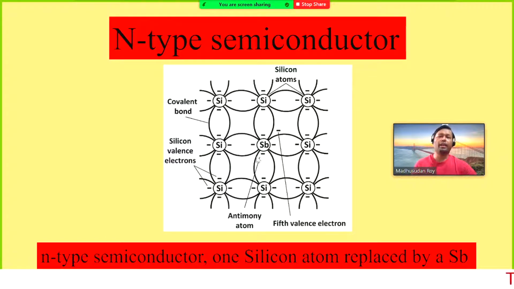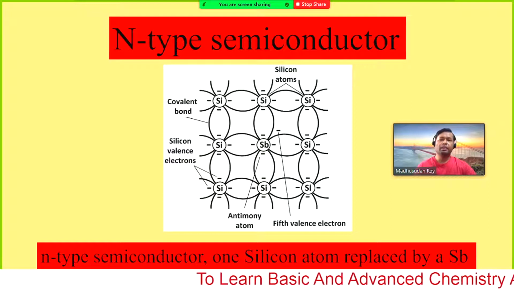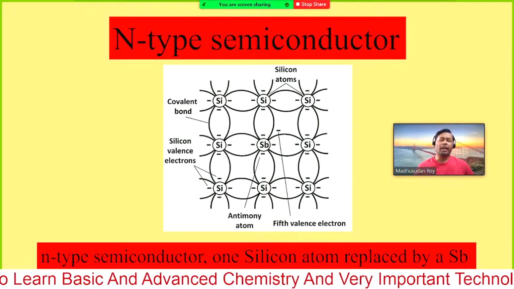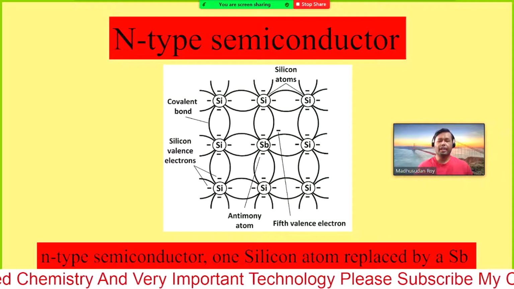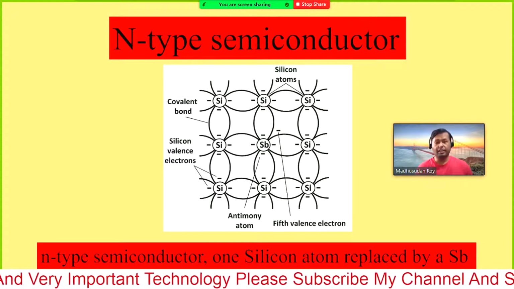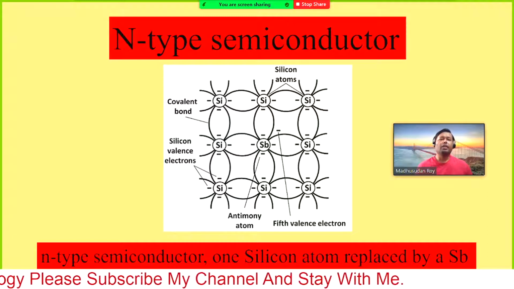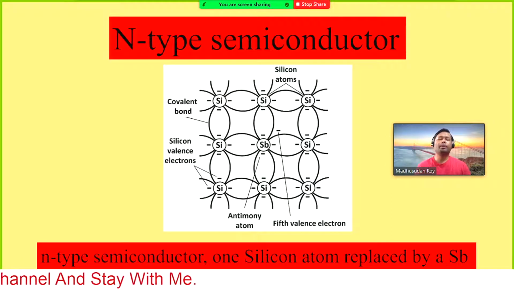So if we apply some potential difference, in that case we can have some flow of electron in a certain direction, because we have one extra electron for an antimony atom. Now if you have many antimony or pentavalent atoms inside the doped semiconductor, in that case you will have a lot of electrons. Therefore that can be used to transfer or conduct electricity.